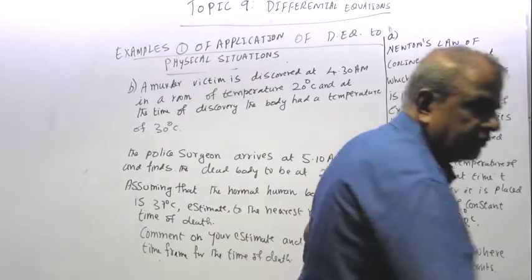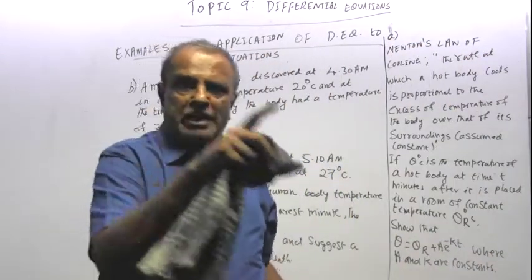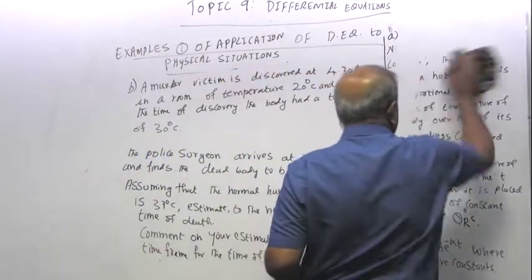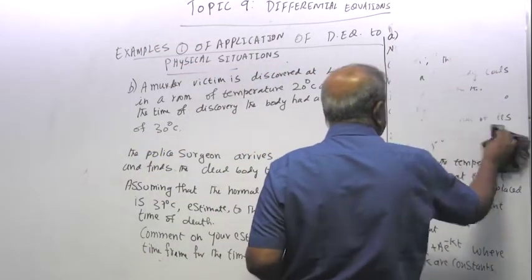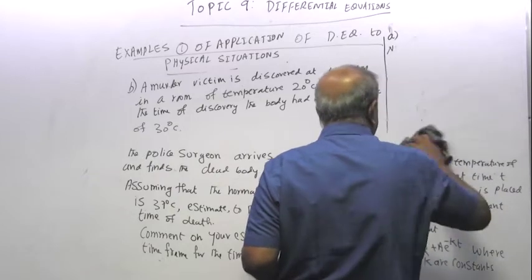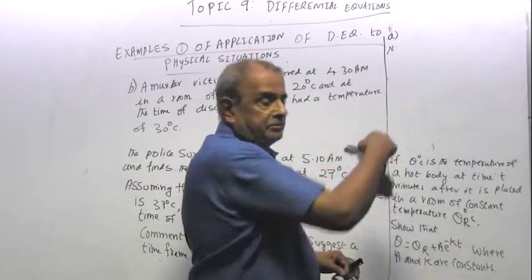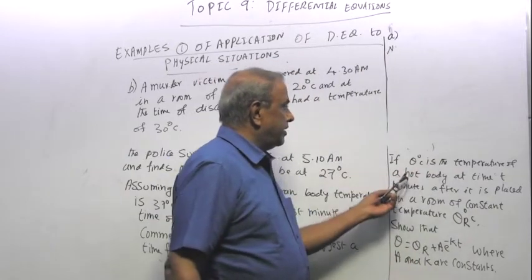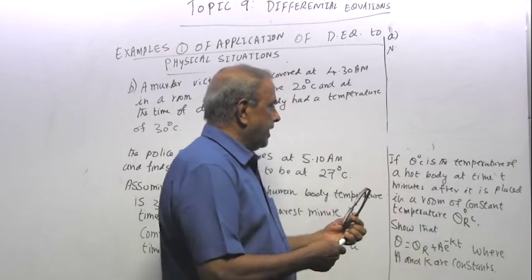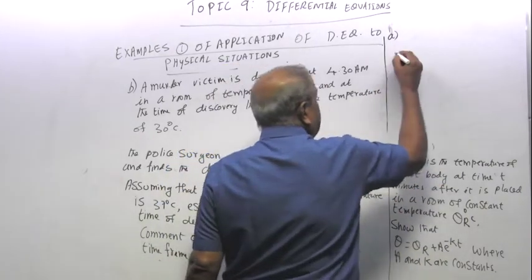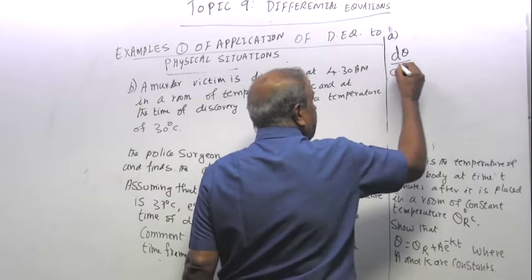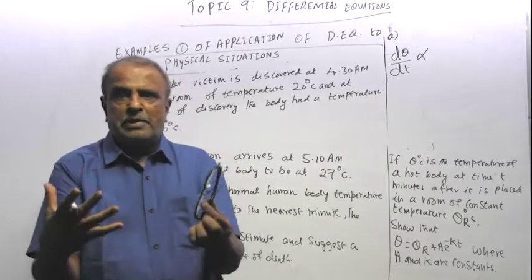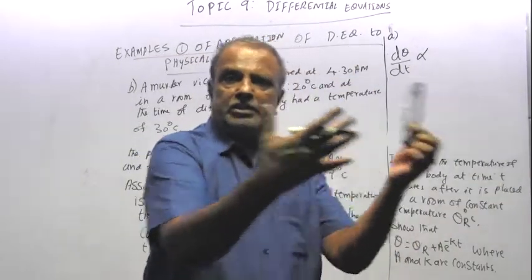Okay. So, the variables here are the temperature of the body and the time t in minutes. Fortunately for you, those variables have been identified for you here. I hope you can see what I'm writing there. So, if theta is the temperature of a hot body at time t, the rate of cooling d theta by dt is proportional to the excess of temperature of the body over that of the surroundings.